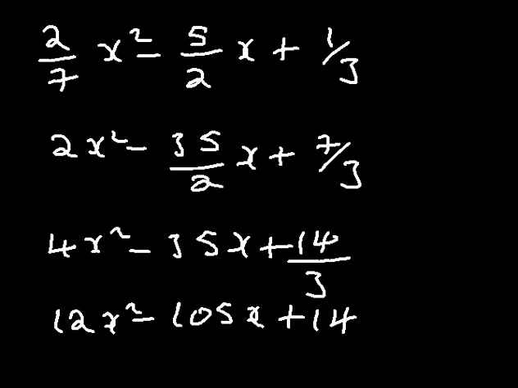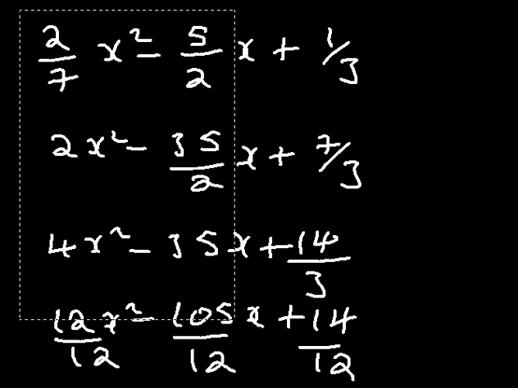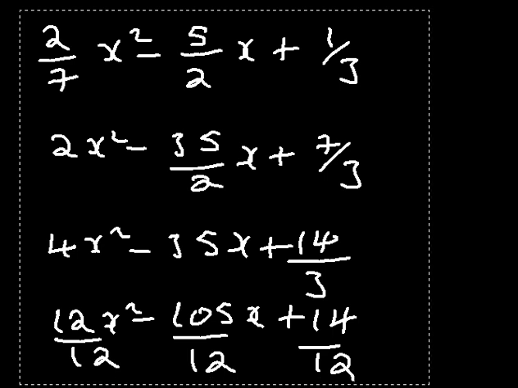Then we'll divide everything by 12 to make sure that the value of a is given as 1. Then you'll be able to complete the square of that third one. So that's how we complete the square of the quadratic expressions using the concept of the discriminant.